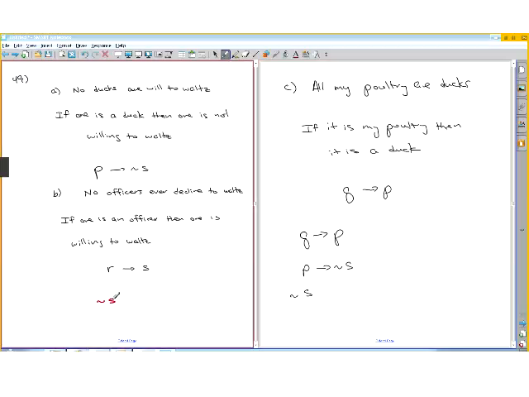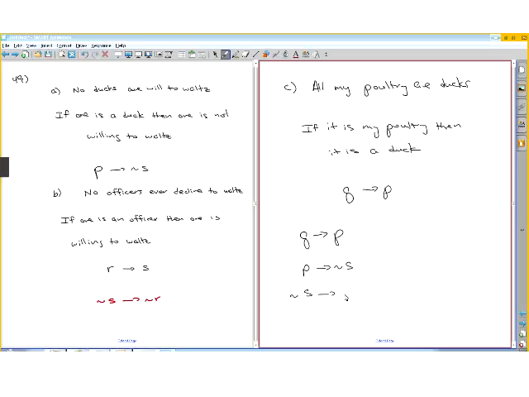If we took this statement and switched them and made them negations, we have if not S, then not R. So this is the original statement and this is the contrapositive. Those are equivalent statements because they have the same truth table. So through that you can say if Q, then not R, because these intermediate ones cancel out, but they follow. Let's do the other one. Let's try this. If R, then S.